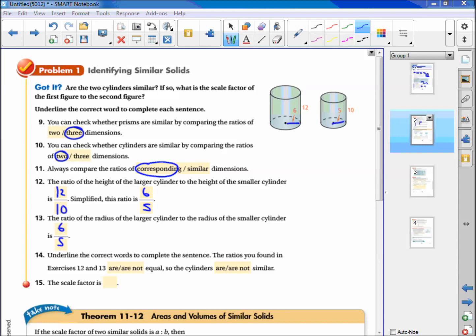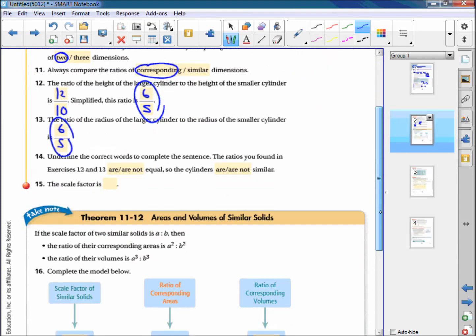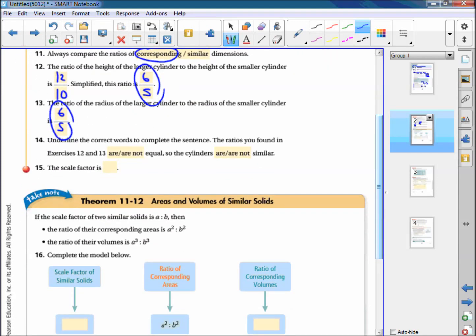Since we only have to compare 2 dimensions, since the radius is the left and right and the front to back, we can tell right away that these 2 cylinders are going to be similar to each other because their ratios are the same in both dimensions. Number 14 here, underline the correct words to complete the sentence. The ratios you found in exercises 12 and 13 are equal.